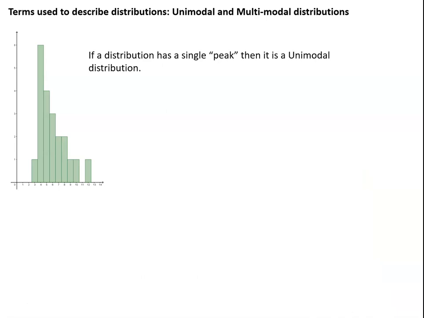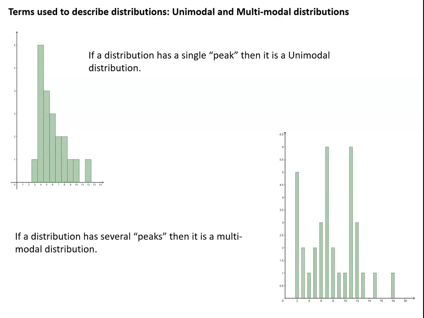If a distribution has just a single peak in its graph, then we call it a unimodal distribution. But if a distribution has got several peaks, then we call it a multimodal distribution.